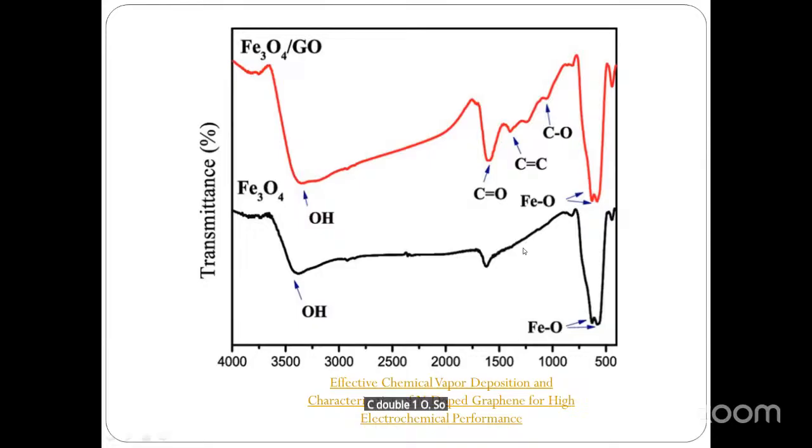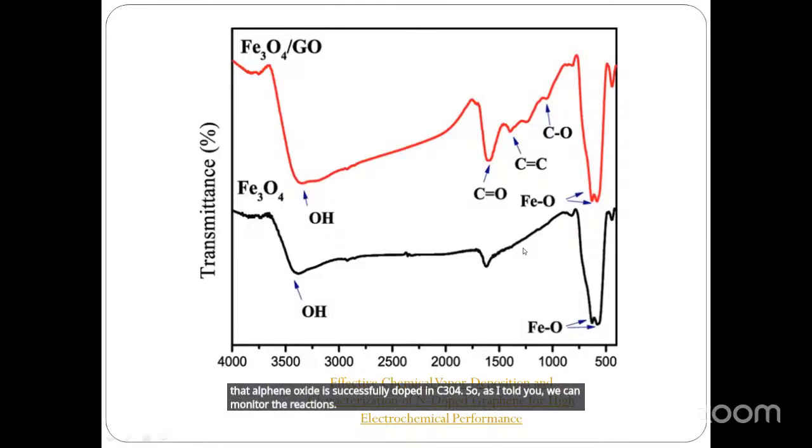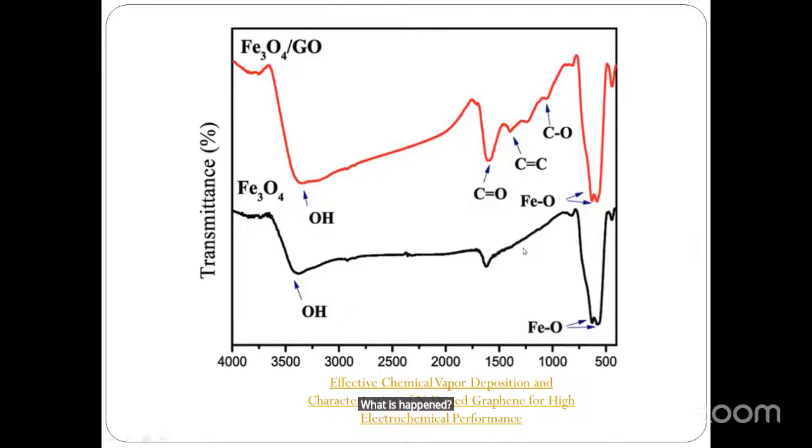So these researchers have confirmed that graphene oxide is successfully doped in Fe3O4. As I told you, we can monitor reactions, what has happened in the reaction, whether our material is formed or not. Is everything clear to everyone?